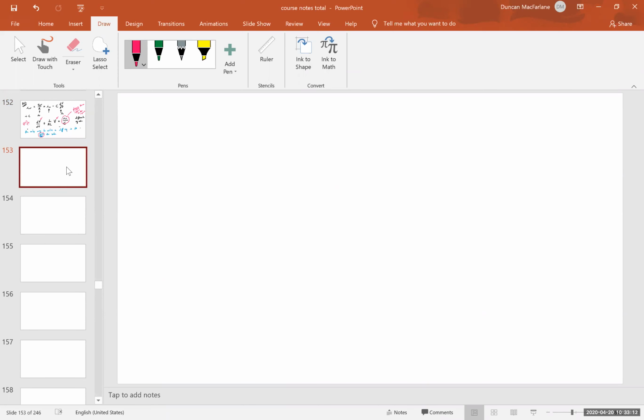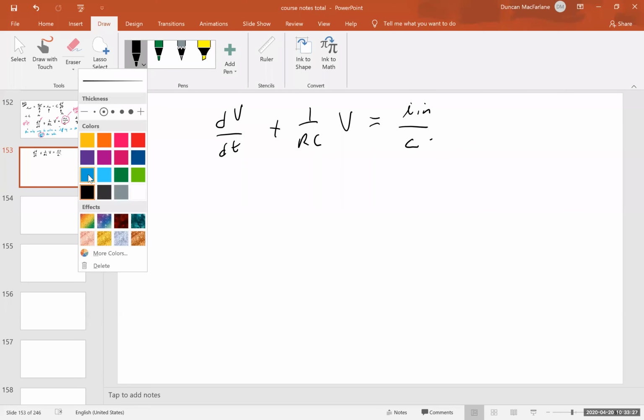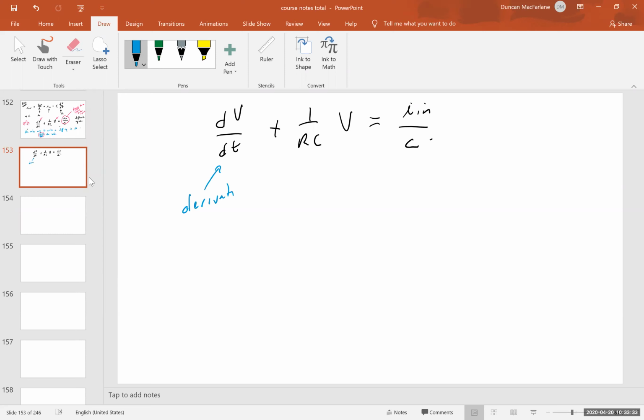dv dt plus 1 over RC times V is equal to IN over C. Let's write down some things that we can observe. Here's the derivative. And it's first order. So it's not d2v dt squared, it's just dv dt.